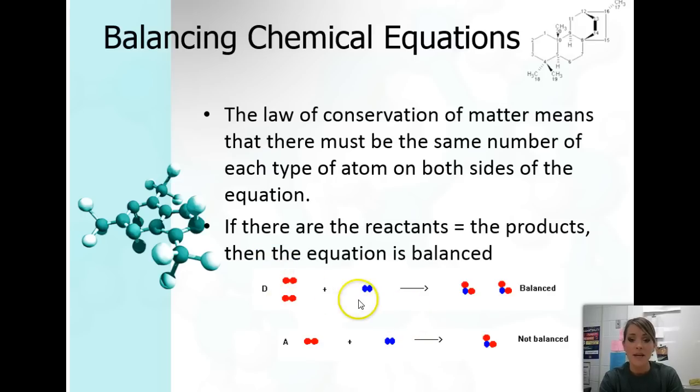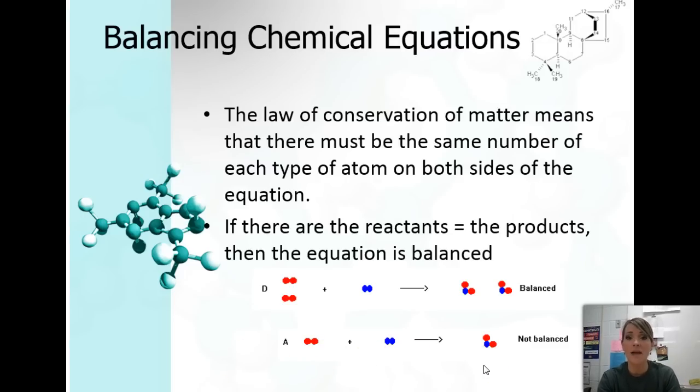So here is an example of a balanced chemical equation. It's not the actual chemical formulas, it's showing you in a picture format, but you can see here you have 1, 2, 3, 4 of the red atoms before, and 1, 2, 3, 4 of them after. 2 of the blue before and 2 after. So this is a balanced equation. The second one here is not balanced because if you put it on the scale, it would be lopsided, because your before doesn't equal your after.